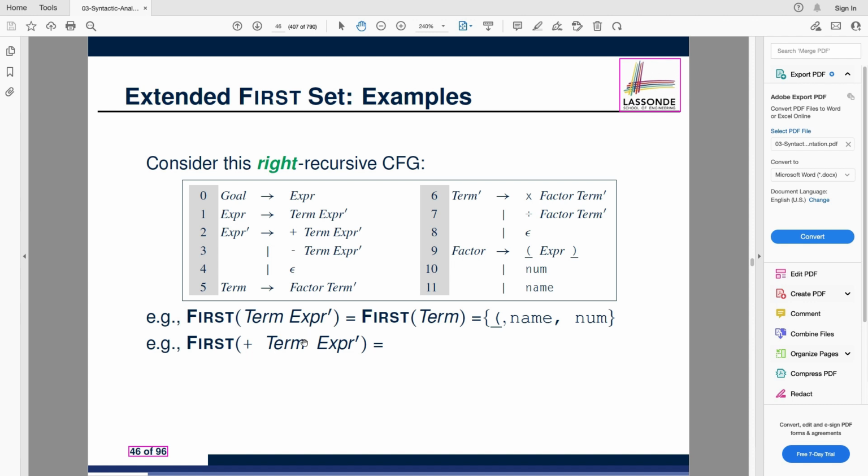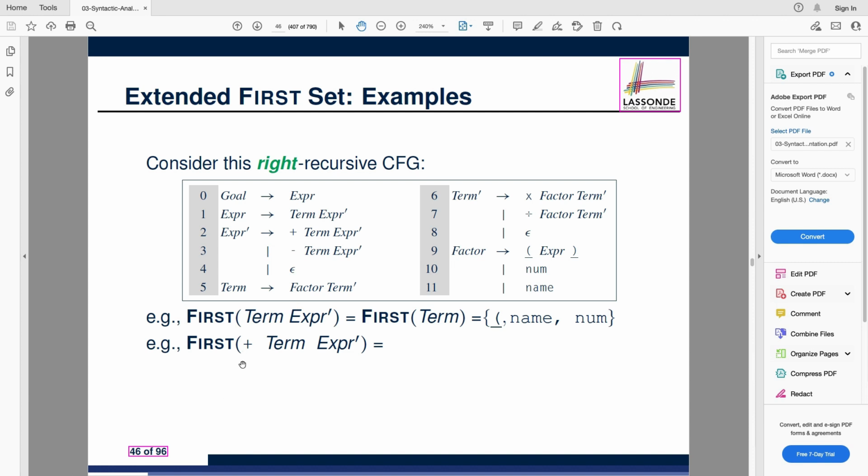Should we also collect the first of term? Should we or should we not? Shafan, should we? Maybe William. Well, plus is already a terminal, so I think we're done there. Exactly. It's that easy.